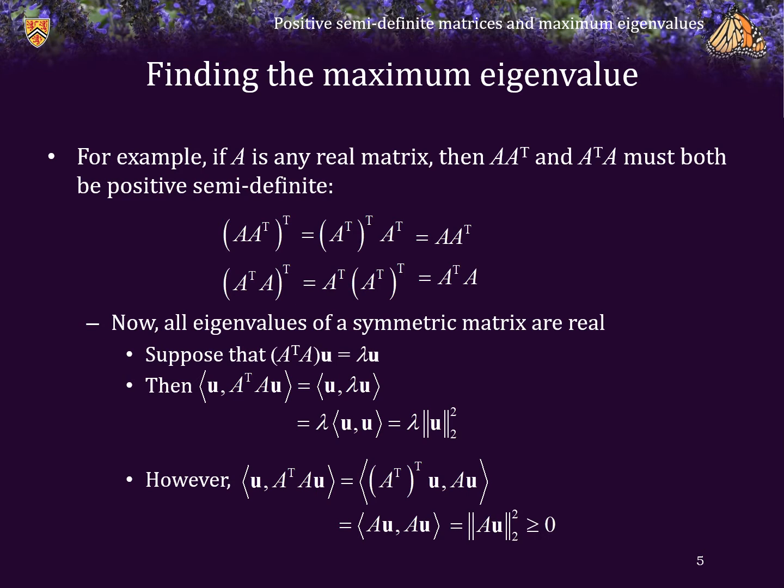So if lambda times the 2 norm of u squared equals the 2 norm of A times u squared, and because the 2 norm is greater than or equal to 0, therefore lambda must also be greater than or equal to 0. That is, the eigenvalue cannot be negative.